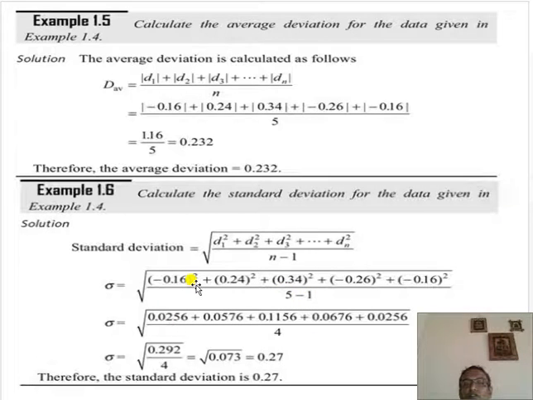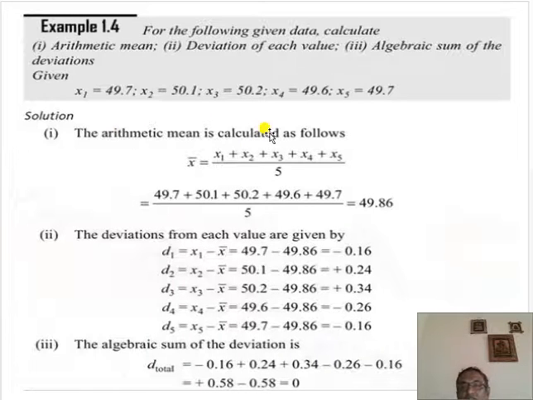Substituting the squares, 0.0256, 0.0576, 0.1156, 0.0676, 0.0256, and dividing the sum 0.292 by 4, I get 0.073, and the square root of this value is 0.27. Therefore, the standard deviation of this problem is 0.27.